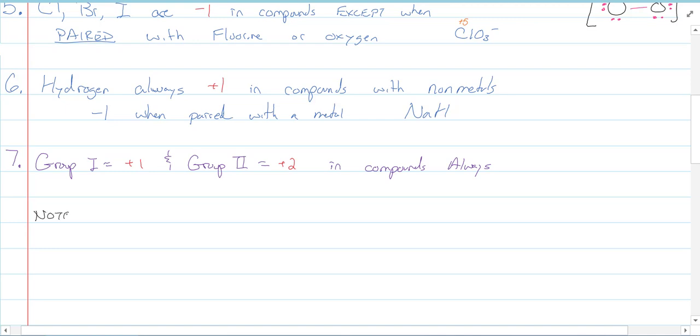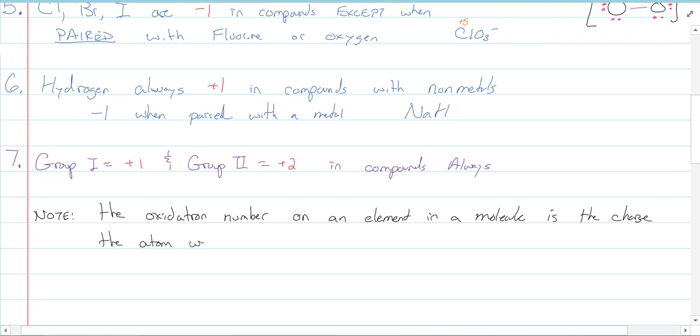Well, here's the note. The oxidation number on an element in a molecule is the charge the atom would have if the electrons in the bond were assigned to the more electronegative atom.